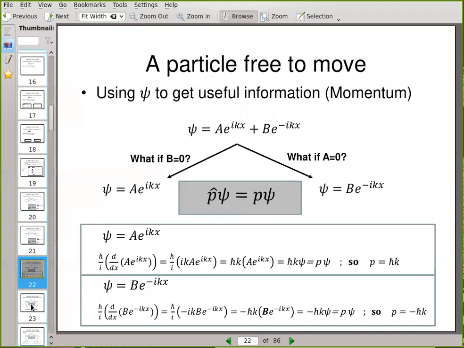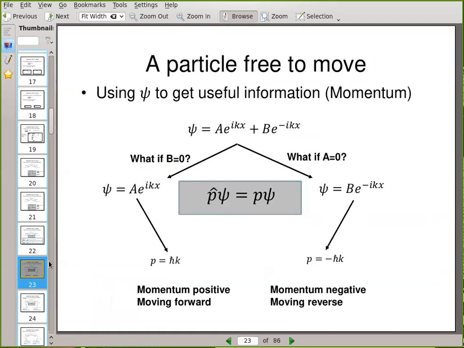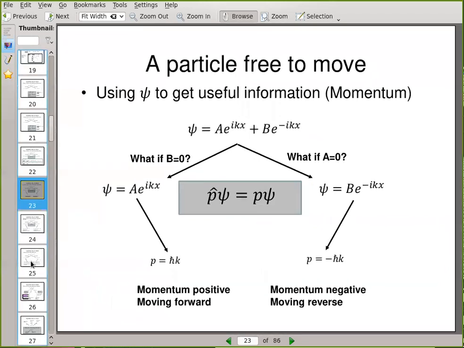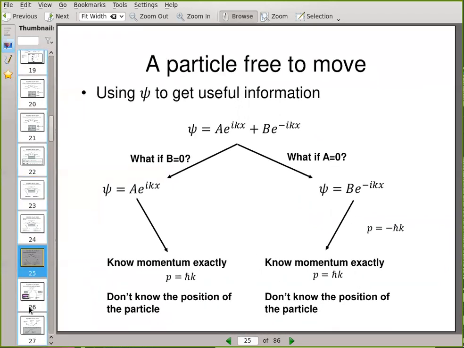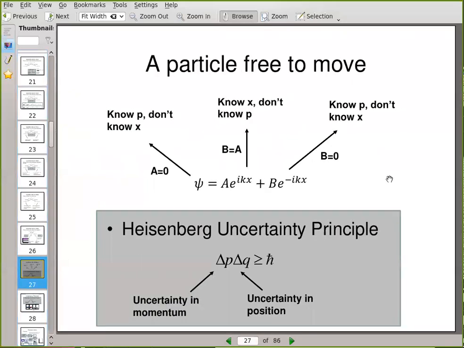And there were a couple of other things I wanted to recap. Oh, here we go. From this wave function, we find that if you set some of the constants to 0, you know the momentum, but you don't know where the particle is. And these two cases work.